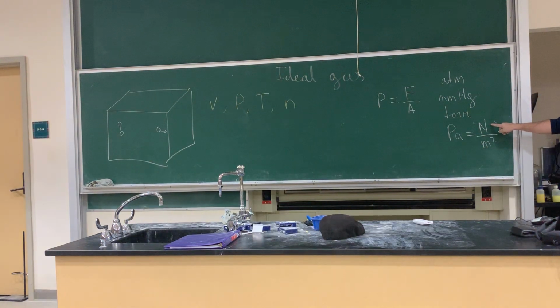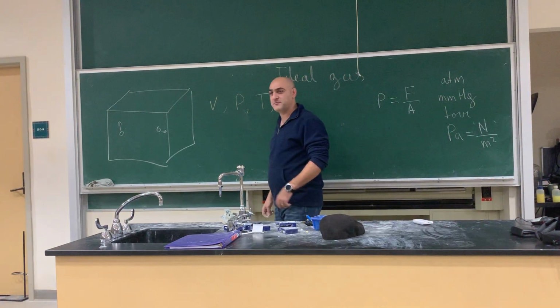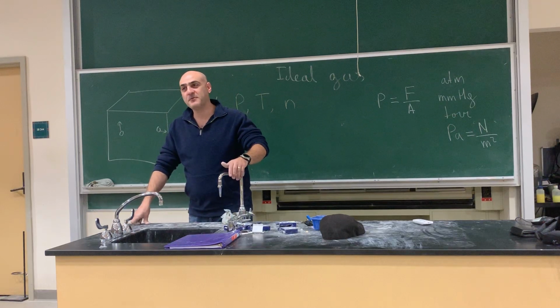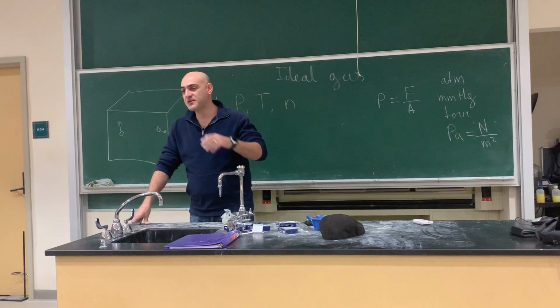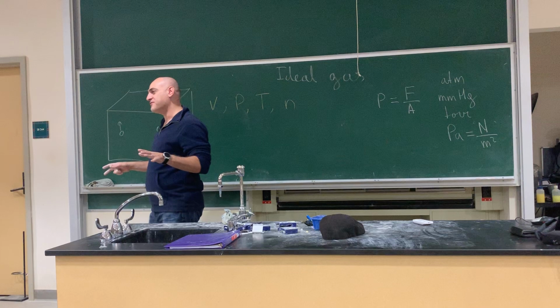Newton over a square meter represents units of Pascal, which is pressure. Pascal formulated this, the formula of force over area representing pressure. Again, I apologize for the joke. A friend of mine knew I was going to laugh. All right, it's educational, so we don't have to laugh.